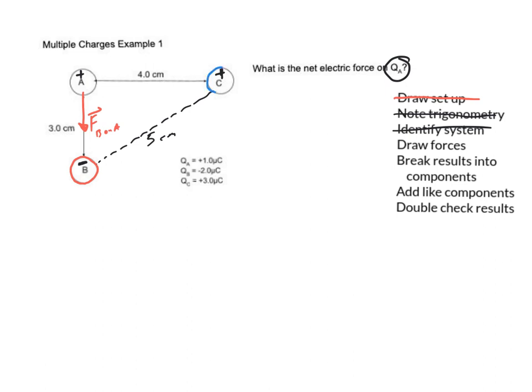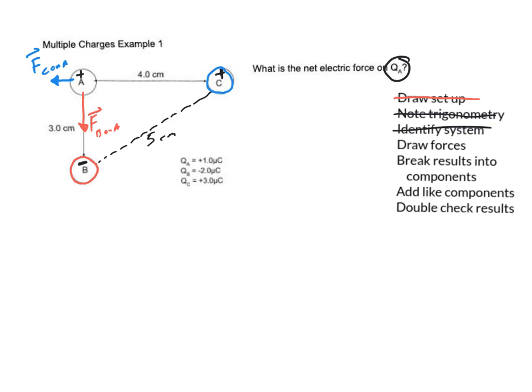C is positive, A is positive, so it's going to be a repulsive force on A. I'm going to draw it smaller because it's also farther away, and distance becomes really important when R squared is considered for Coulomb's law. Force of C on A.